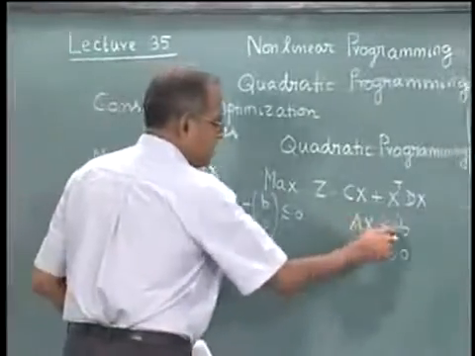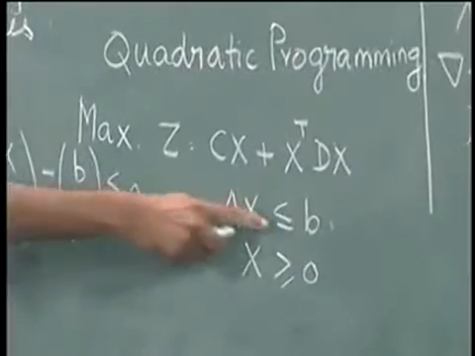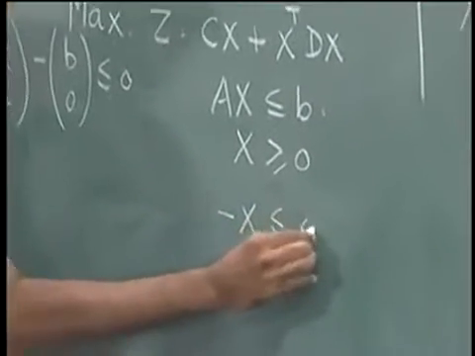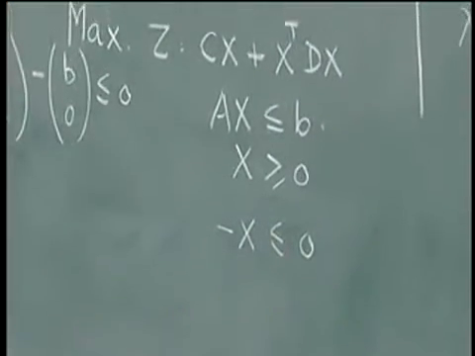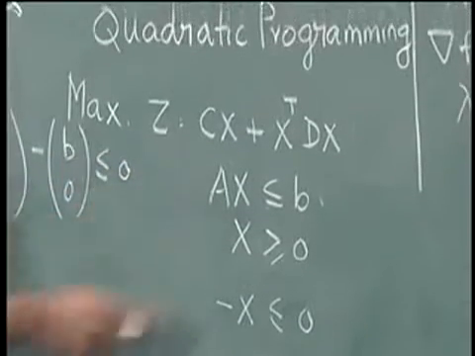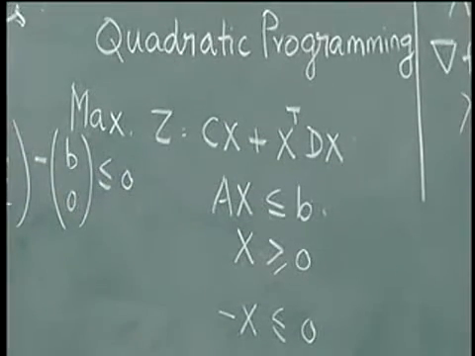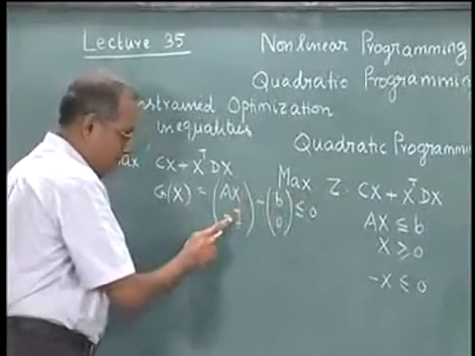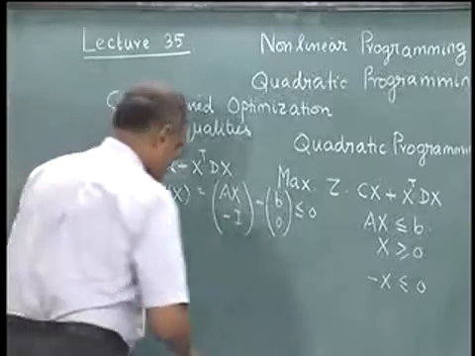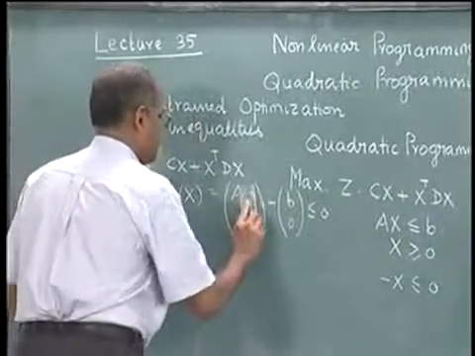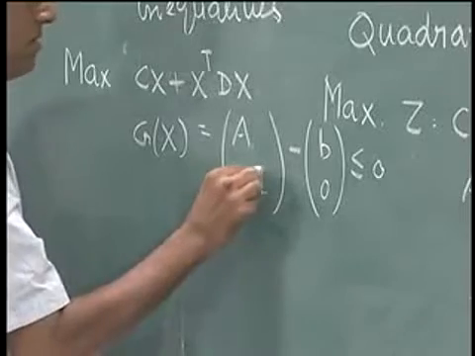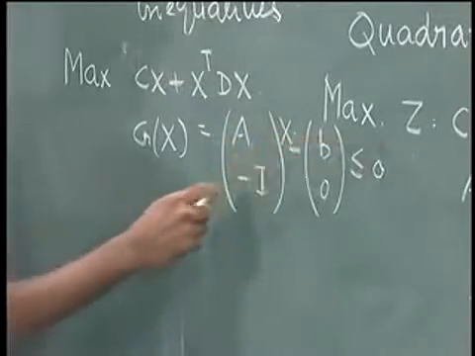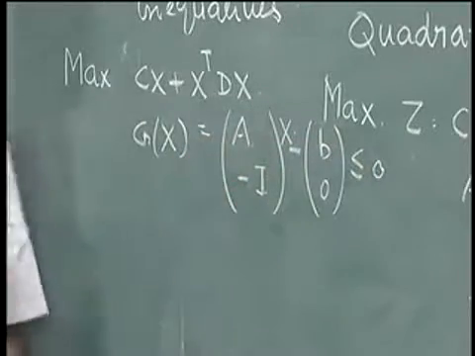Therefore, Ax minus b automatically qualifies because it is of the less than or equal to type. x greater than or equal to 0 is written as minus x less than or equal to 0. These two put together now form the constraint set g of x. Therefore, it is written as Ax minus b less than or equal to 0, and minus x less than or equal to 0.